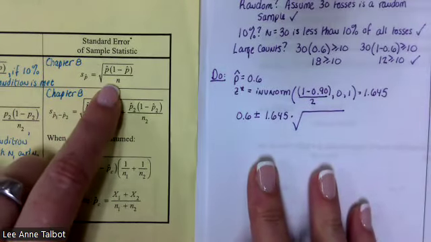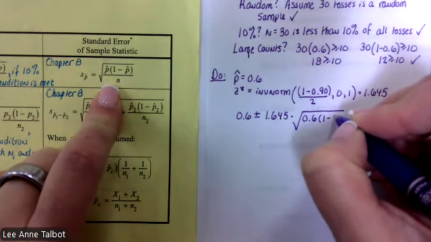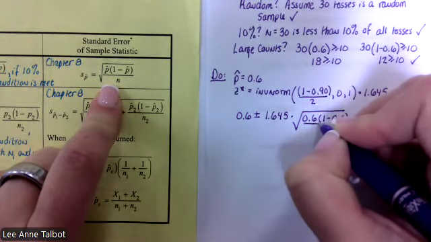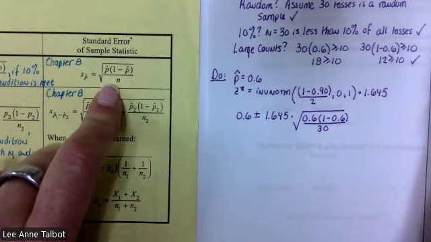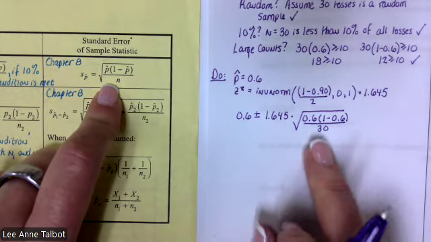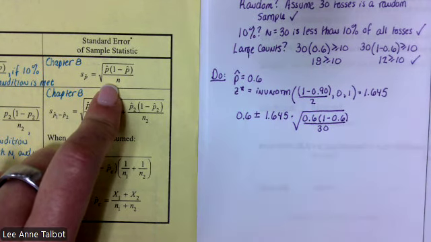This is a one sample situation, so I'm right here, which is 0.6, 1 minus 0.6 over 30. And you might be at the point where, because you know the 0.6, you have that part memorized.